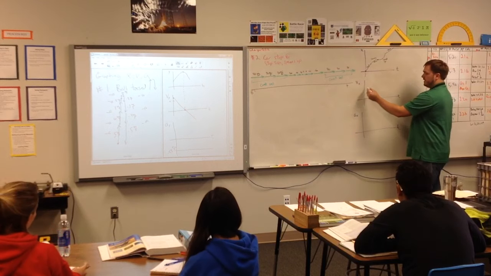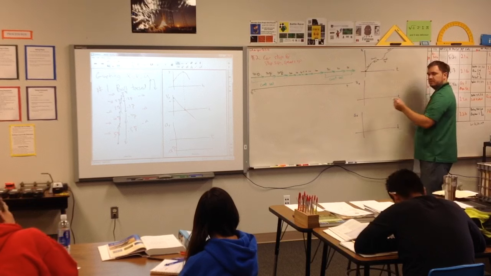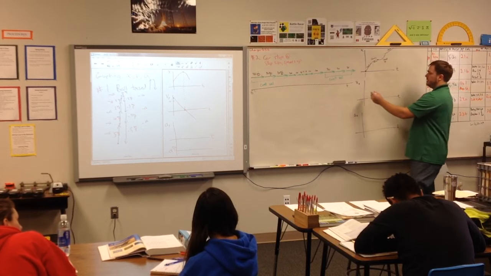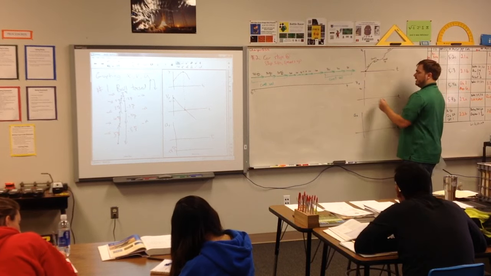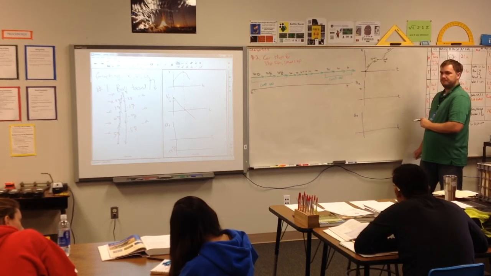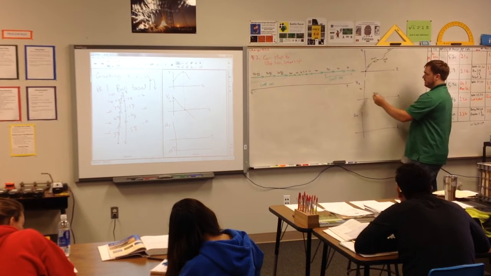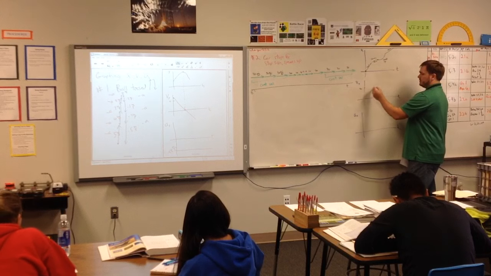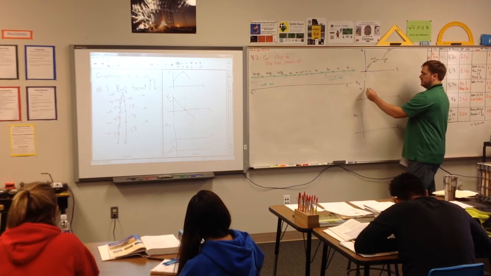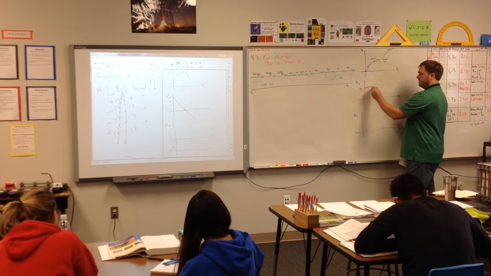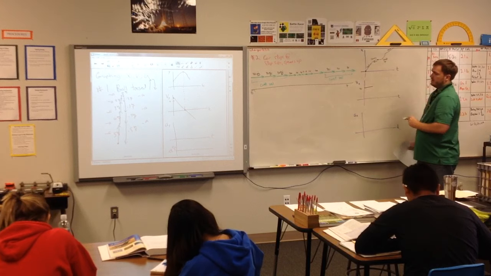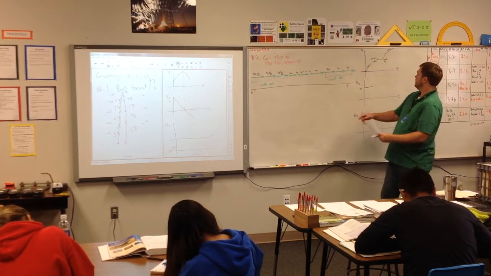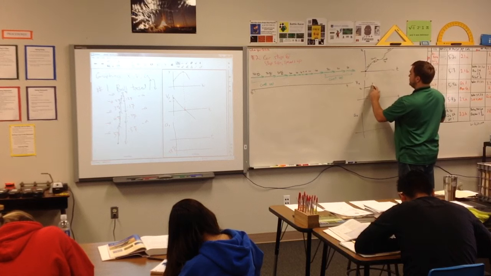So our velocity graph, what am I going to do first? Start at 30. And then what? Straight line? Which way? Up, down, or horizontal? Horizontal to the right. Okay. Then, if I can, I'm going to try to get it so that it just lines up.